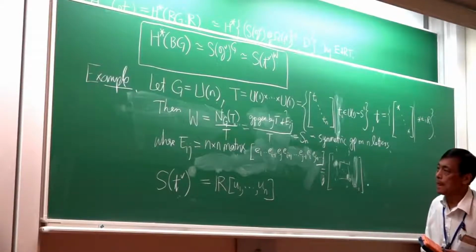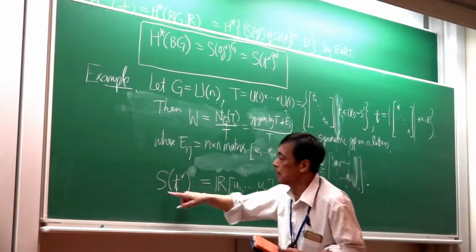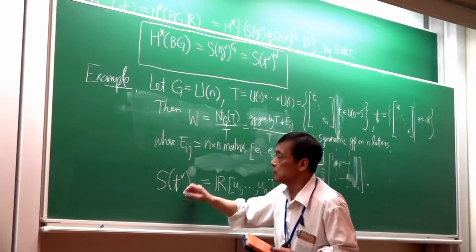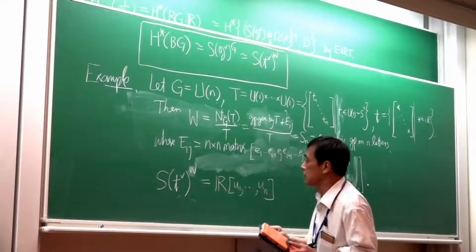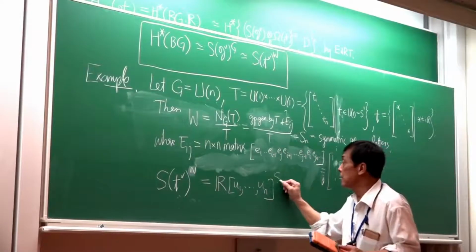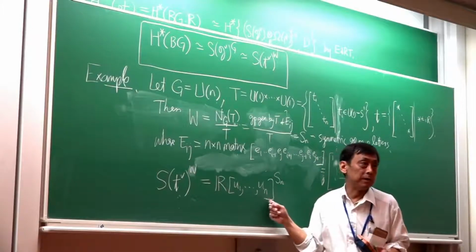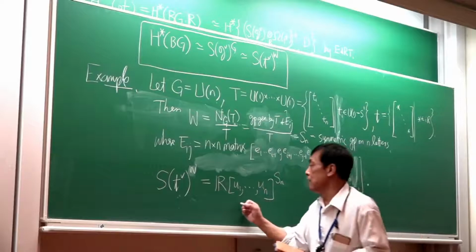Yeah. And so the polynomials on the Lie algebra T that are invariant under W are the symmetric polynomials in U1 to UN.